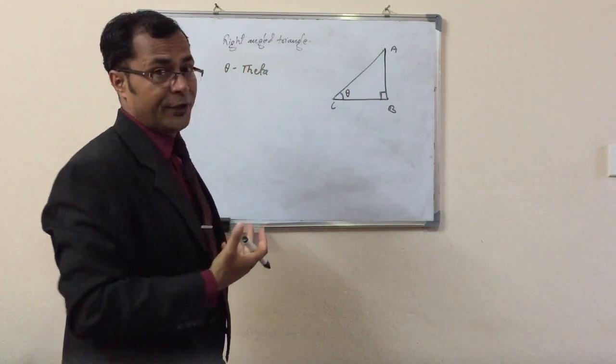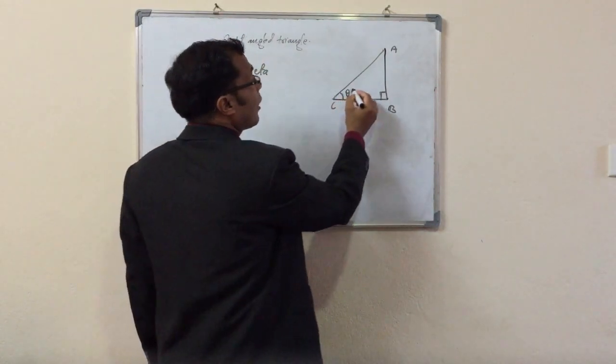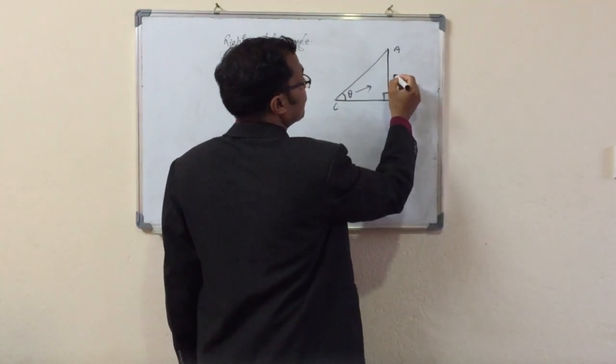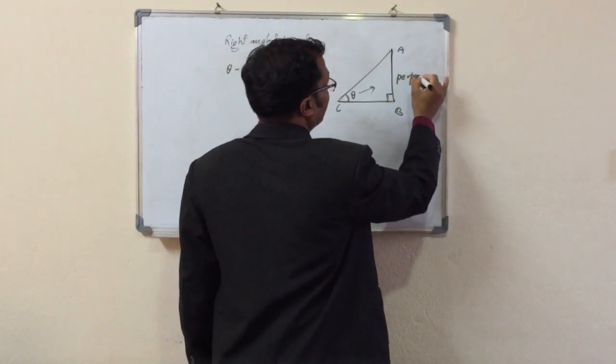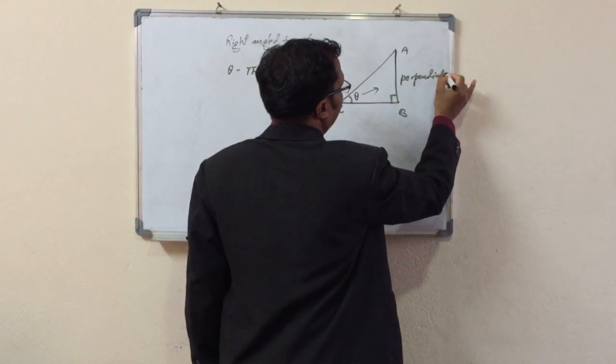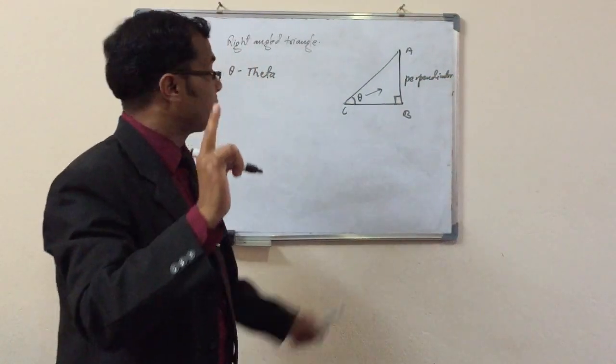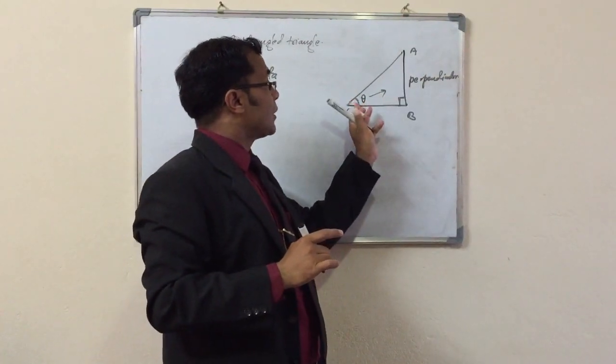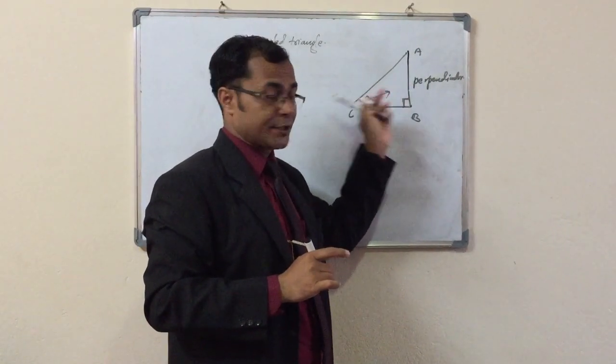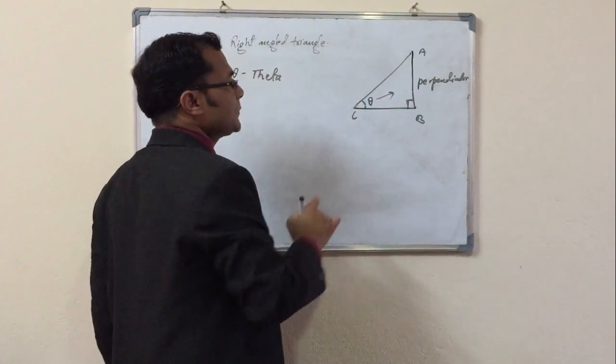Which one will be the perpendicular? The side opposite to this angle. So this one is called the perpendicular. Always see the side opposite of that angle; that is the perpendicular.